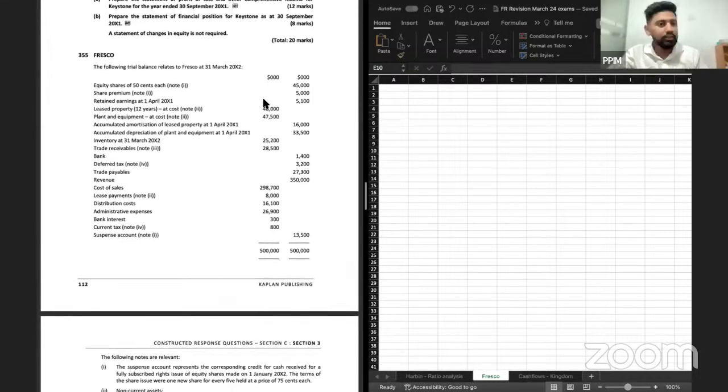The question says, the following trial balance relates to Fresco at 31st March 2012.